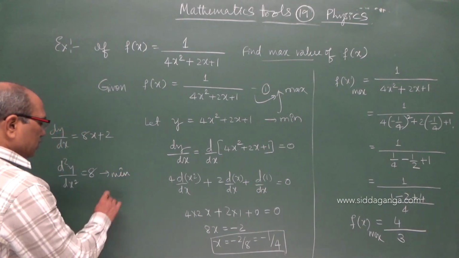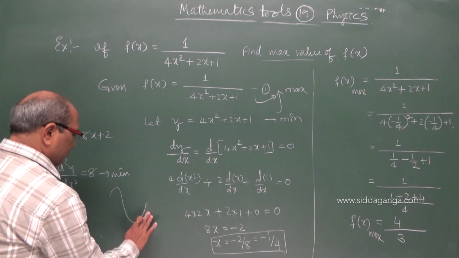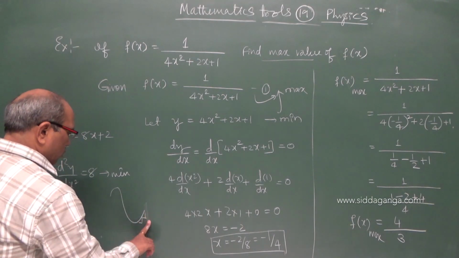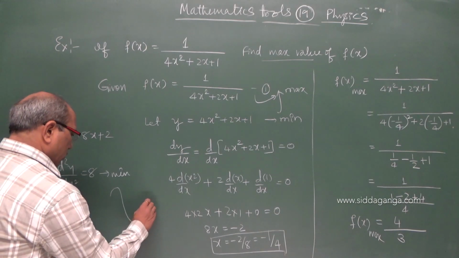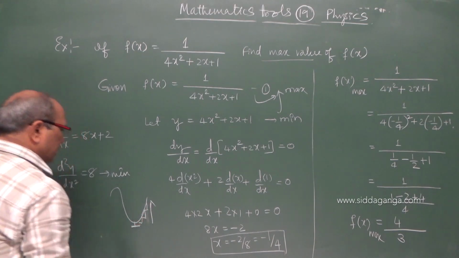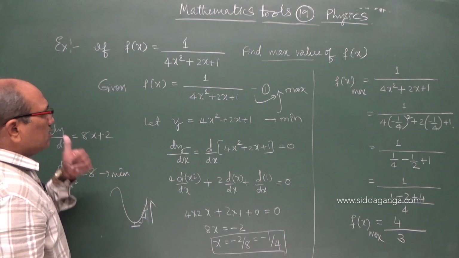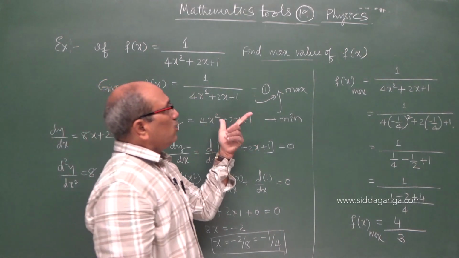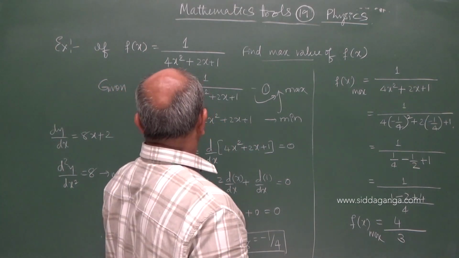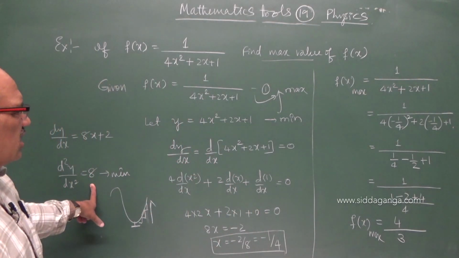This is minimum because when the slope is positive, the point will be at a minimum. It is coming minimum, so this value has to be the maximum for the function.